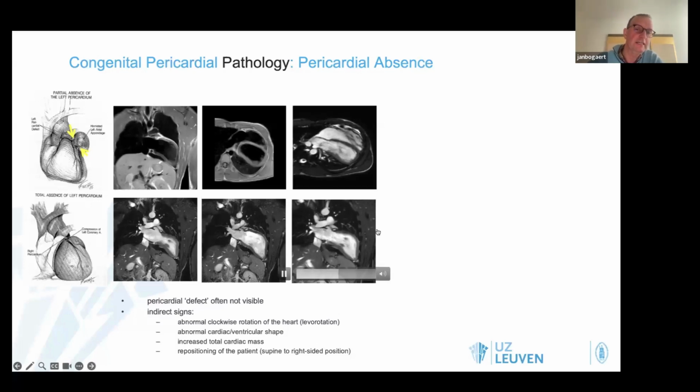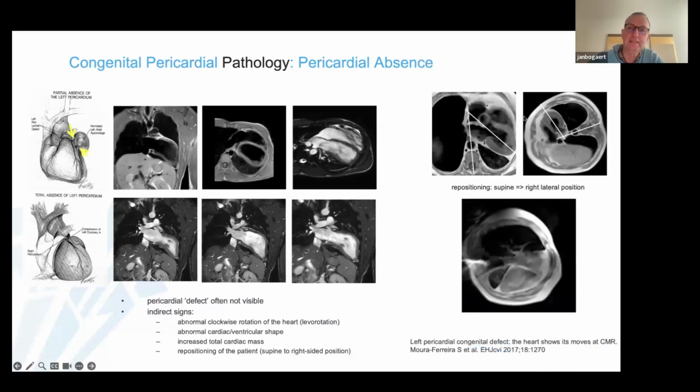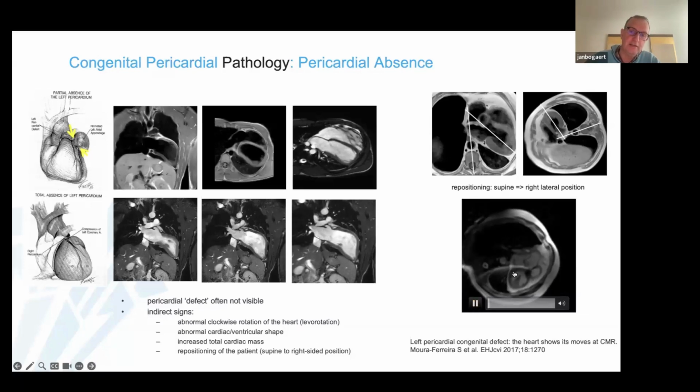Most often you don't see the defect, although sometimes you can say the defect is most likely somewhere here, and this is the prolapsed part. If you have doubts, normally we scan patients in supine position, but because the defect is most often left-sided, it might be helpful to turn them on the right lateral side and see the change in angle. And we did it in real time.